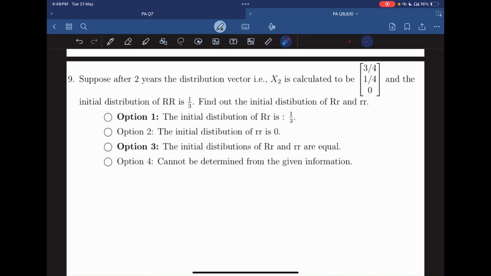Now next, solve question number 9 using the same data. Suppose after 2 years the distribution vector x2 is calculated to be this, and the initial distribution of capital R is 1 by 3. Find out the initial distribution of capital R small r and small r small r.